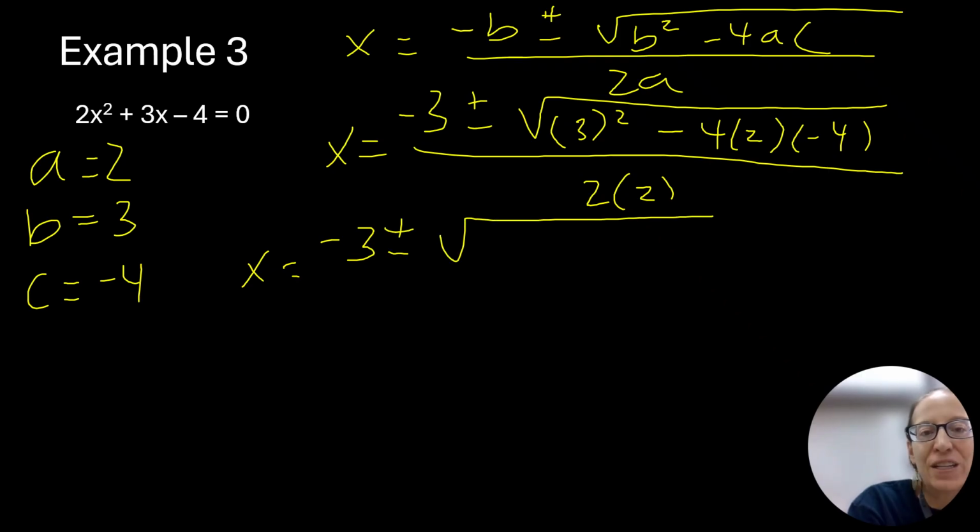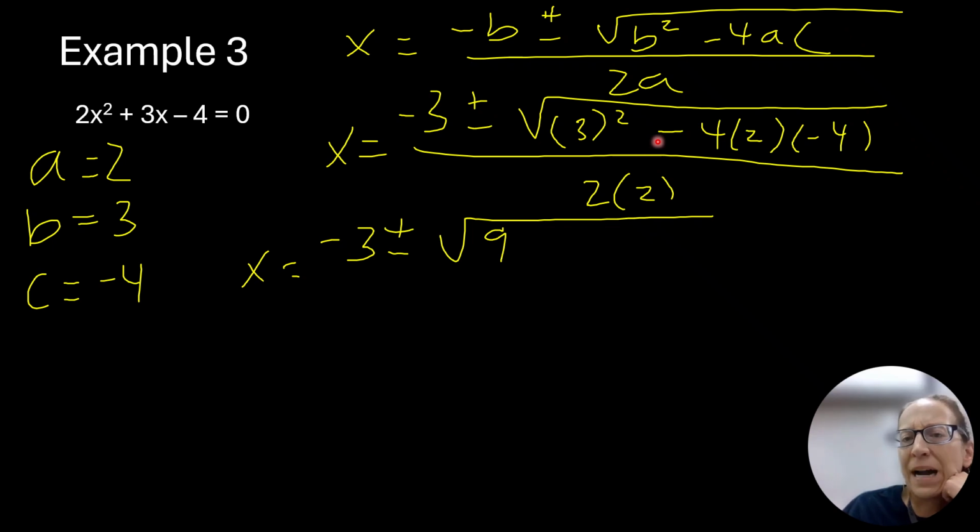Now, 3 squared is 9. Now, right here is where a lot of students will go astray. We've got a negative here and a negative here. There's two ways you could think of it. You could do 4 times 2 times negative 4, which is like 32, I think.